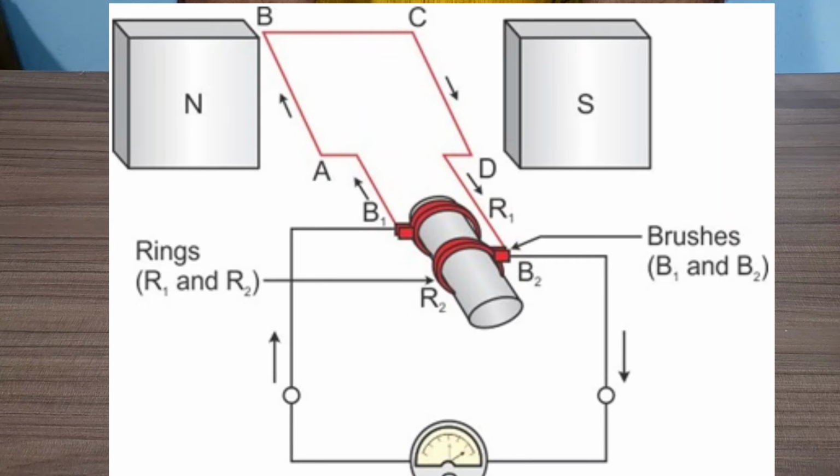Hence, in the external circuit, current flows from B1 to B2, which is opposite to the previous half rotation. This repeats after every half rotation and alternating current is produced. This is what is called an AC generator, and you see the diagram. Now, can you draw the diagram of a DC generator and explain it to others?